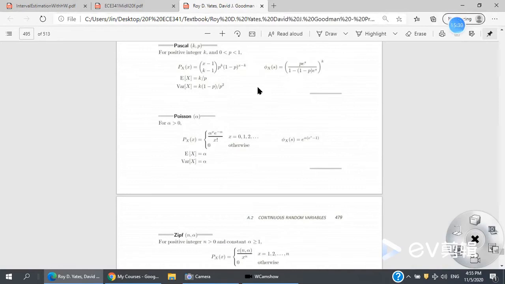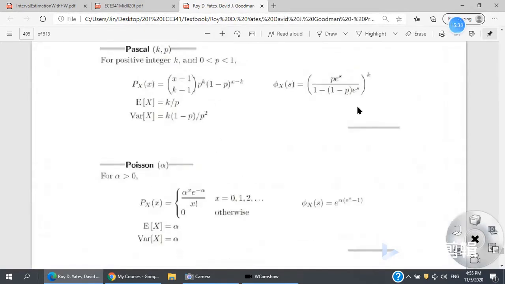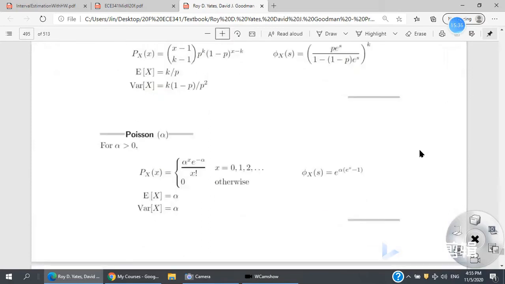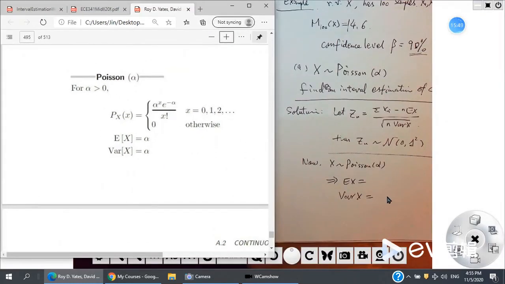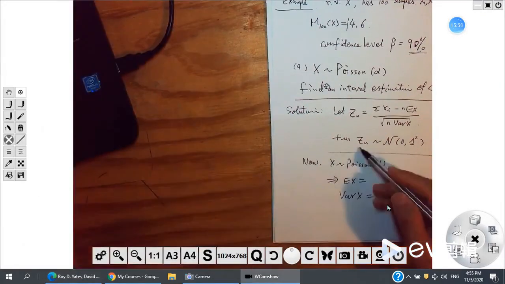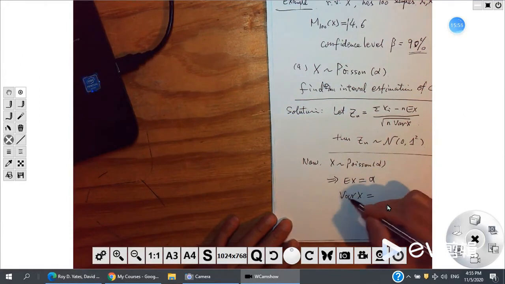Alright, this is the one, right? For Poisson, we know the mean of x is alpha, and the variance of x is also alpha. Okay, then we can use these two. Here, we know Ex is alpha, and the variance is also alpha.